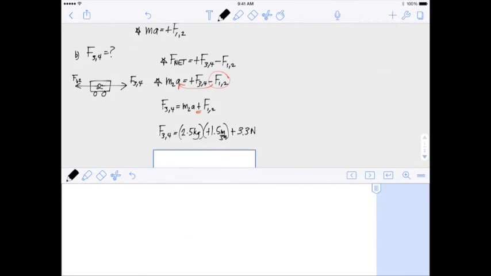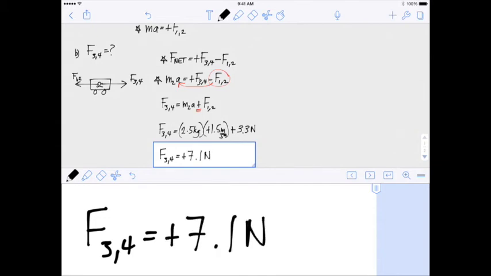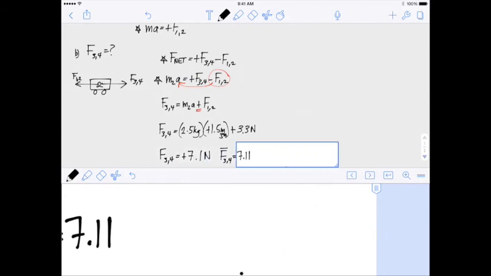If you punch this into your calculator, you end up with positive 7.1 newtons. So we can say the force as read on sensors 3 and 4 is equal to 7.1 newtons to the right.